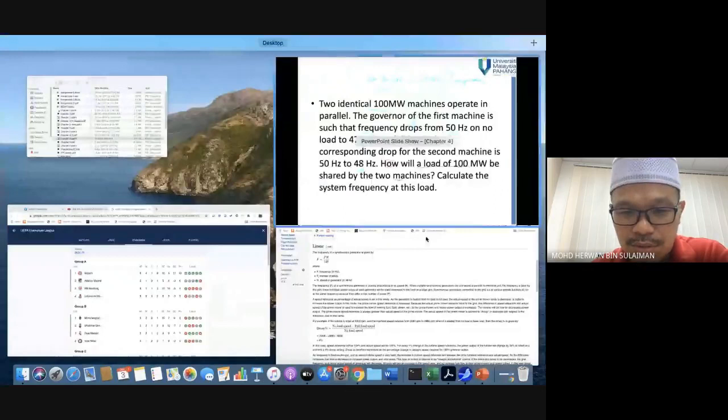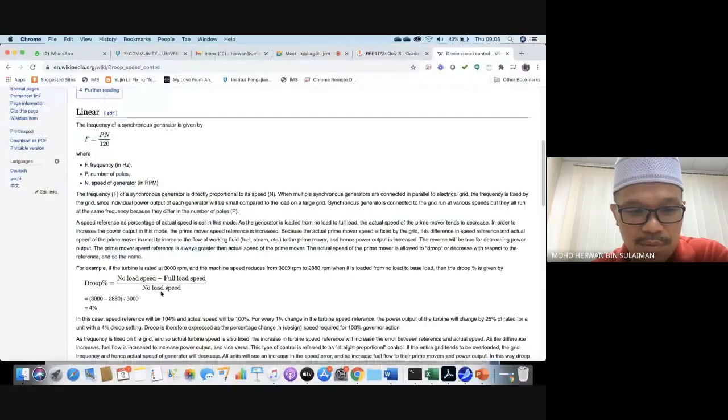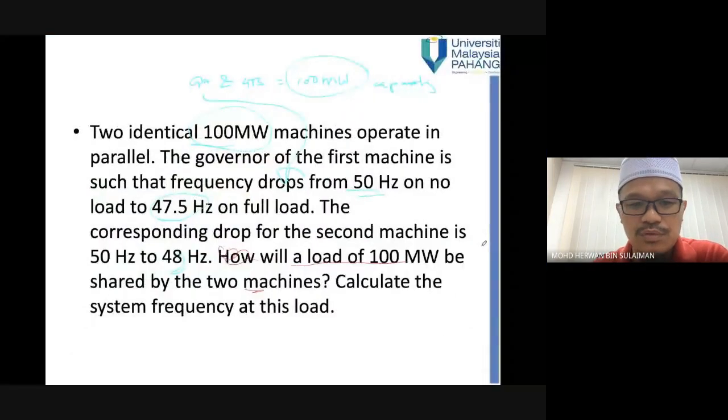So for G1 or GA, the droop equals 50 minus 47.5 divided by 50 times 100.